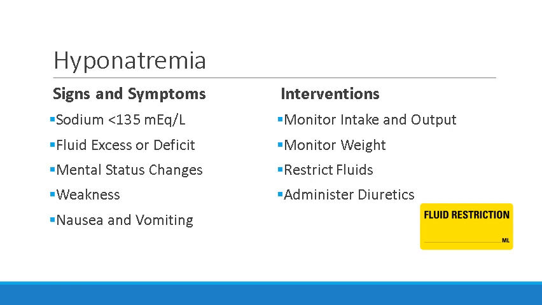So if somebody comes in and they're acting confused, disorientated, have personality type of changes, we need to not just jump to the conclusion that they have dementia or some sort of more severe mental health diagnoses. It might just be that their sodium levels are off. So a lot of times family members will say, this is not mom or dad, or this is not how they normally act. And listen to that and look at their lab values, and that might explain some things. And usually when those sodium values correct, then the individuals feel normal again.